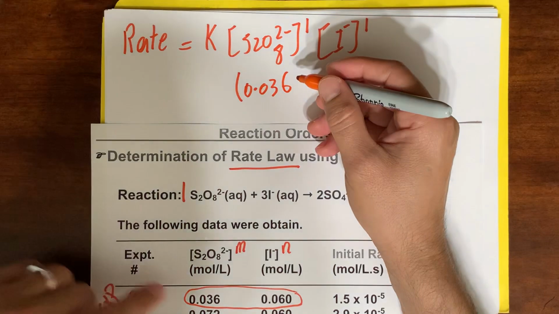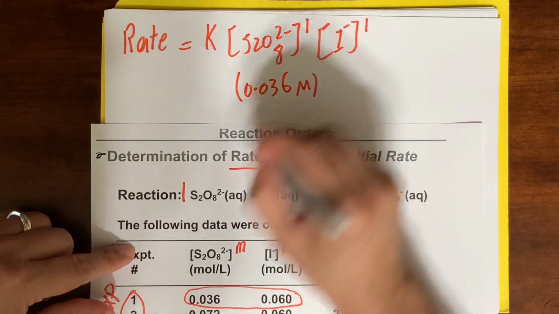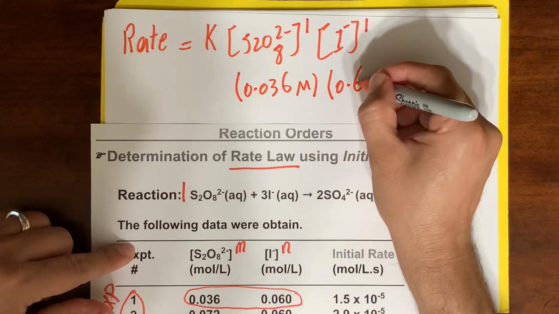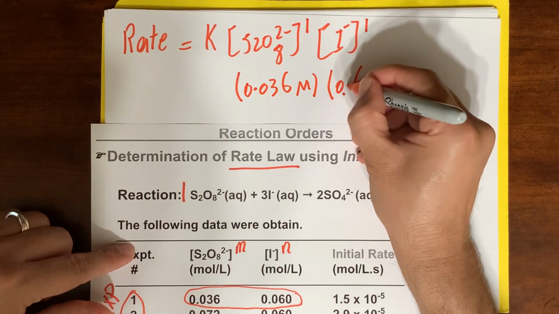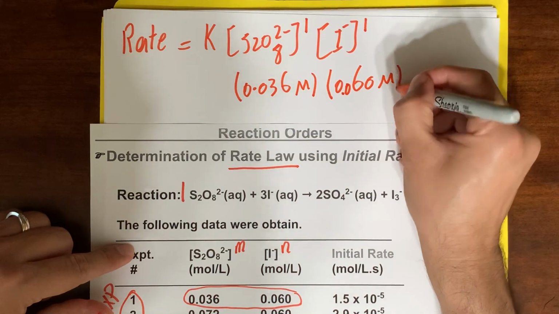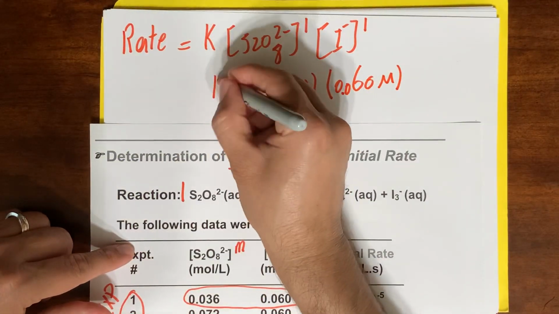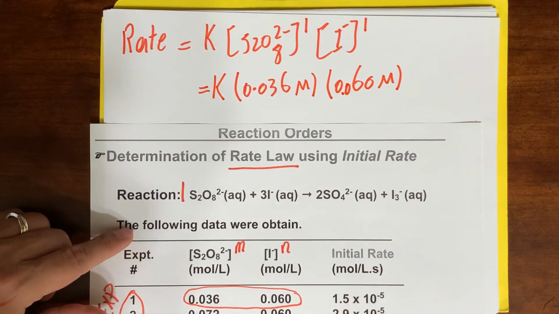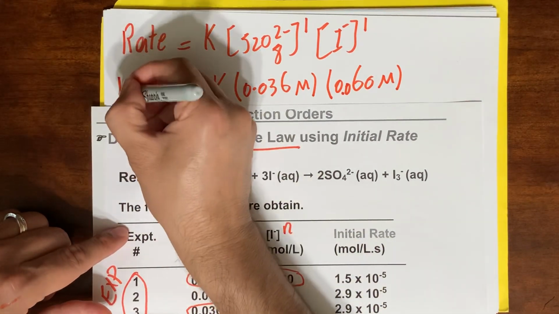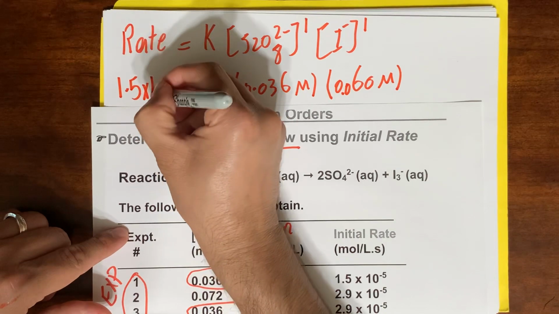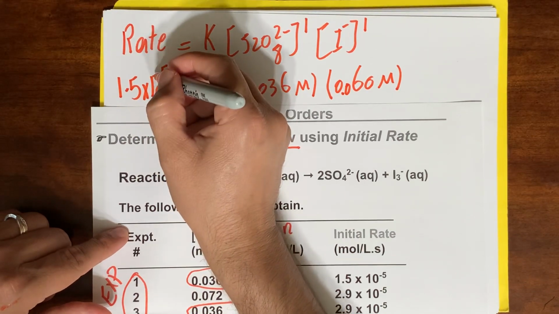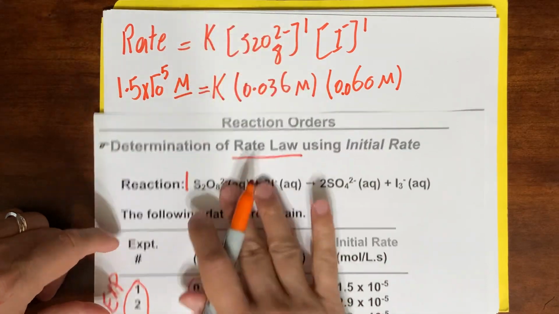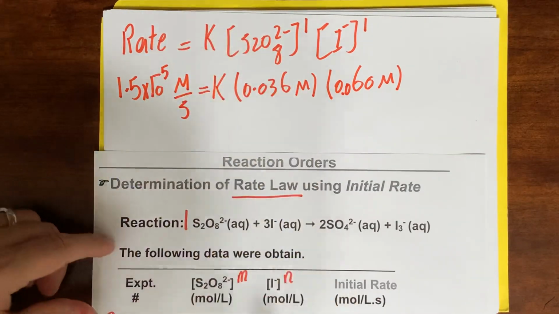Unit is mole over liter or molar. Iodide, I have 0.060, unit is molar. K, I'm looking for it. And the rate from the first experiment is 1.5 multiply 10 to the power of minus 5, and unit is going to be molar per second.